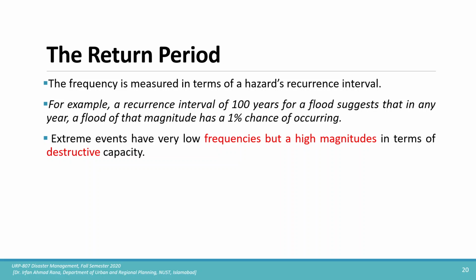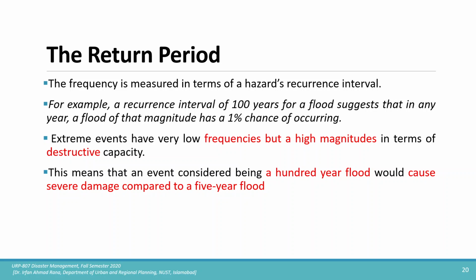So extreme events with low frequency generally have higher magnitude, and that would result in very extensive damages. This also means that a 100-year flood would cause more damage as compared to a 5-year flood, because a flood coming every 5 years has higher frequency and probably very low magnitude, and therefore it would be less destructive as compared to a flood which will return in 100 years.